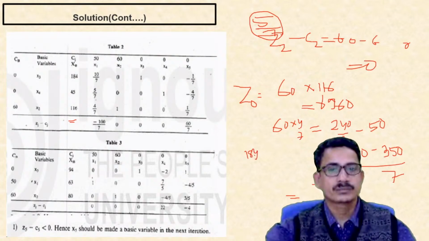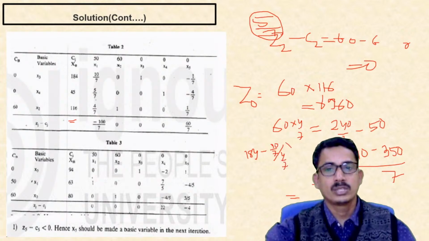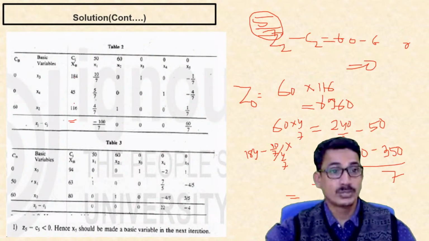I mean 184 minus this divided by this, so minus 10 by 7 divided by 4 by 7, into the corresponding element of the column, which is 116.